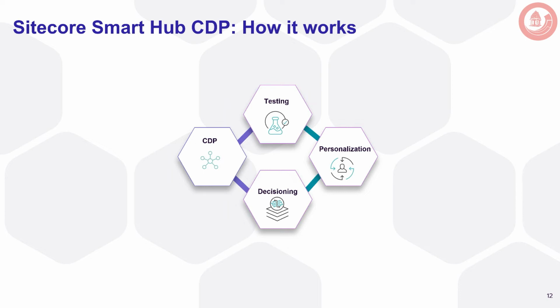At the core level, where the actual processing happens, or the heart of the entire ecosystem, there are four main components: CDP, testing, personalization, and decisioning. It features web experiences and full stack experiences.